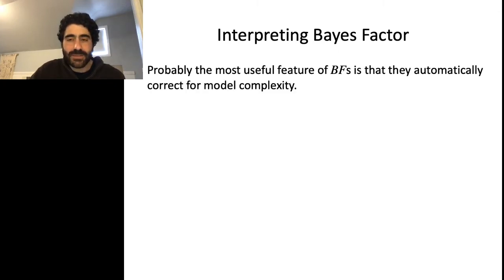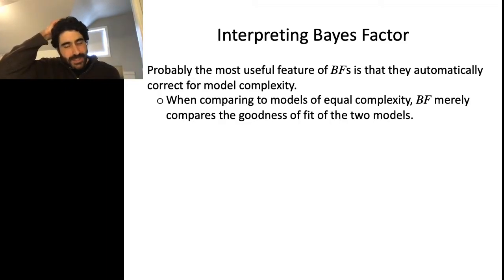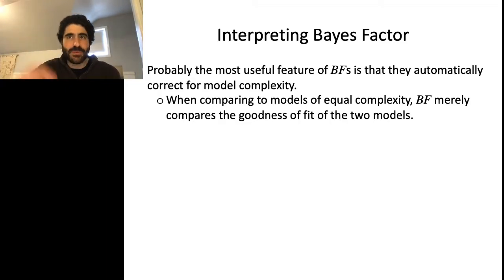Okay, and so another nice thing about these Bayes factors is that they automatically correct for model complexity. So if you have two models that are equally complicated, for example, two models that each depend on one gene, then this is just measuring how well those models fit the data.